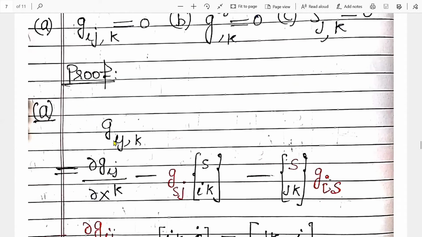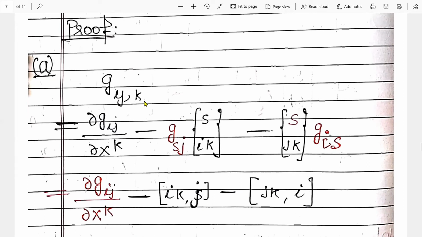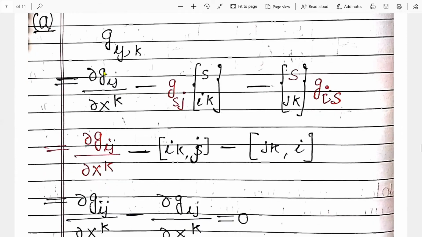Now this is gij comma k. Right? Now this is covariant, this is covariant, then the sign is negative. So the first term will be the simple derivative, ∂gij/∂xk. Now, second, k is at lower part, right? So first take i, ik, so s.